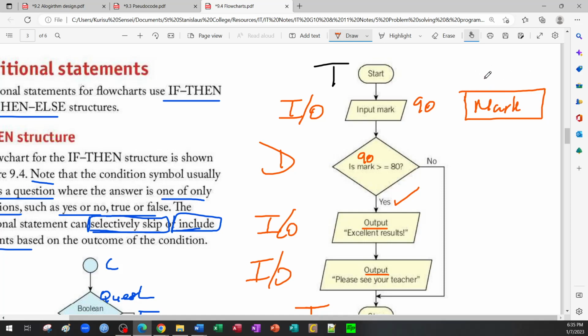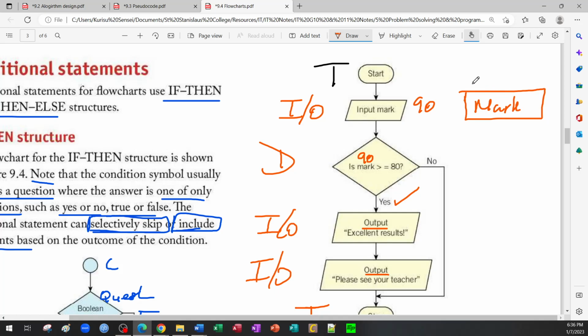They might wonder what's happening here, because actually nothing is going to happen, because mark has nothing inside of it, because we didn't give it a value and we didn't input anything. So this would just be an incorrect design when it comes to creating a flowchart.